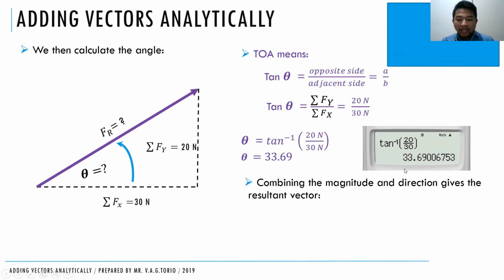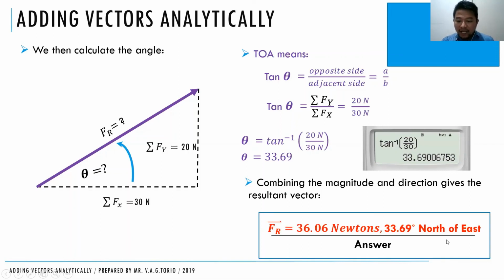So we can now combine the magnitude and the options that we have for direction. That is, we can have the pure angle, 33.69 degrees, or we can have it expressed with cardinal direction north of east, or its complement, that's east of north, but that's around 56 degrees.